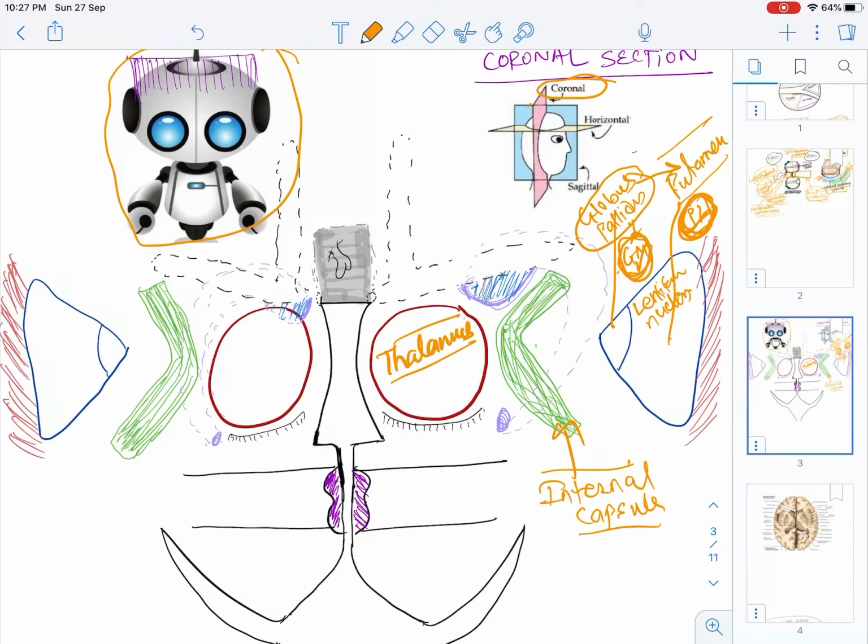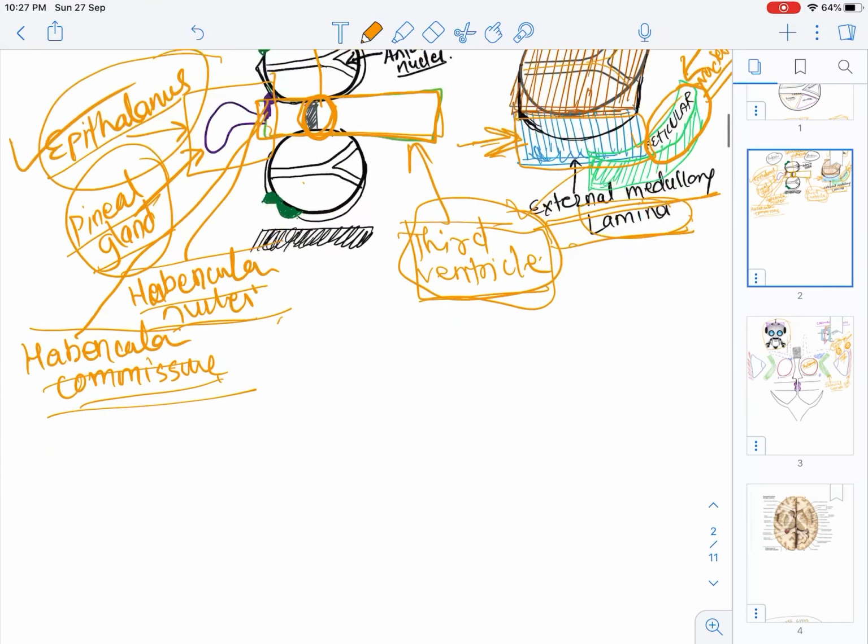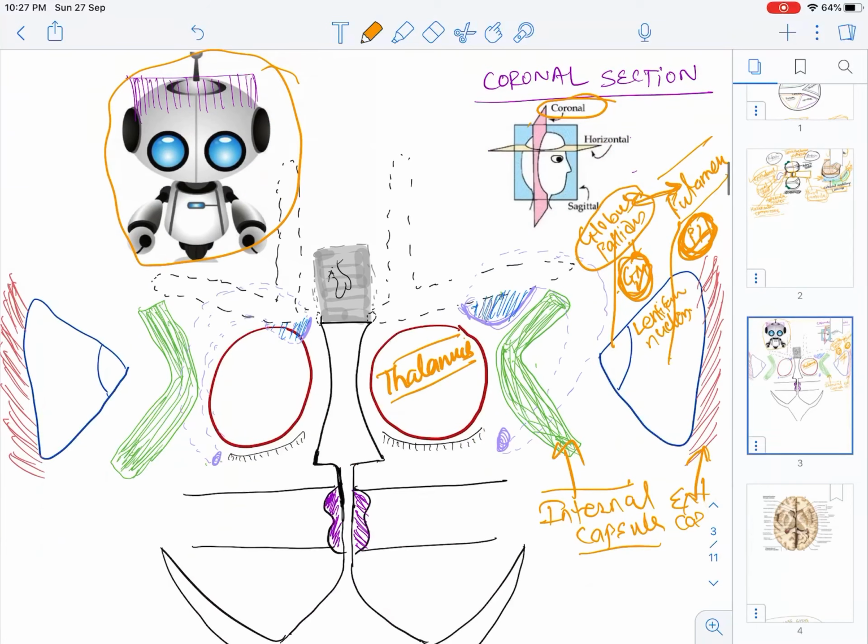So these two, globus pallidus and putamen, are part of the basal ganglia. And more externally, this is the part of the external capsule. So these are the lateral relations of the thalamus. Immediately laterally there is the internal capsule, then more laterally the globus pallidus, more laterally the putamen, more laterally the external capsule.